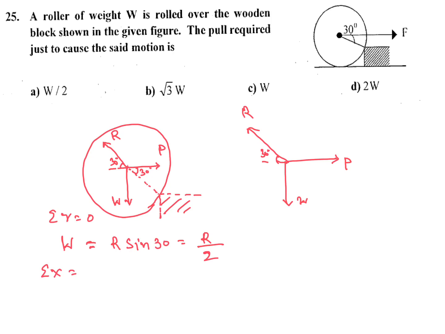Summation of horizontal forces: R cos 30 equals P.